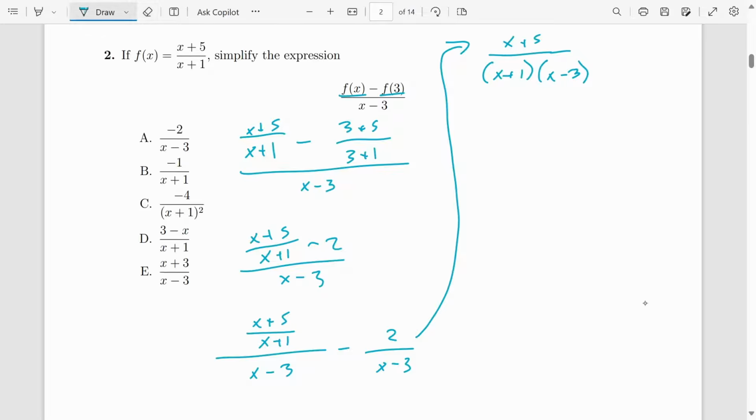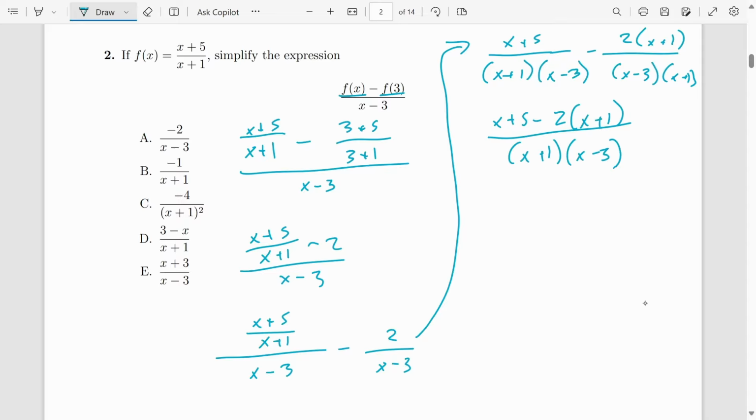So let's write this as 2 over x minus 3, and then multiply both the top and the bottom by x plus 1. So x plus 1 and x plus 1. So now that both the denominators are the same, we can go ahead and combine these two fractions. So x plus 5 minus 2 times x plus 1 all over x plus 1 times x minus 3.